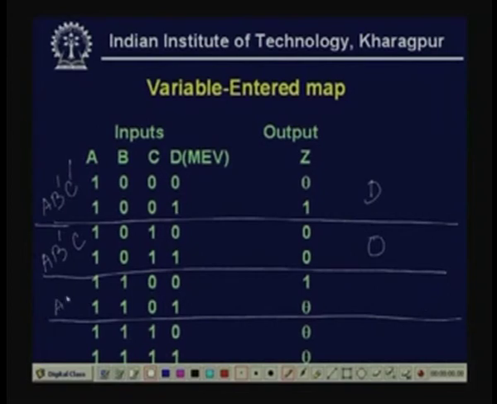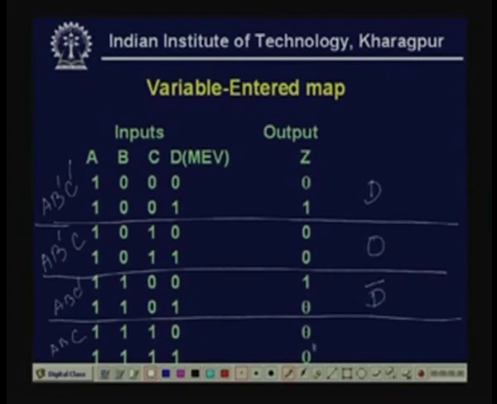Similarly, this is for A, B, C dash. D is 0 1, then Z is 1 0, so this is the complement. And for A, B, C, this is 0 1 and this is C.